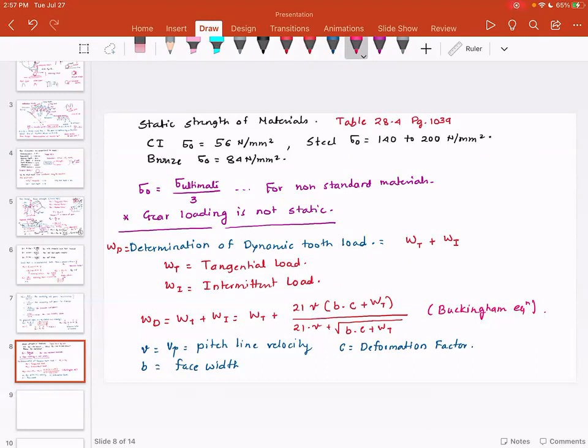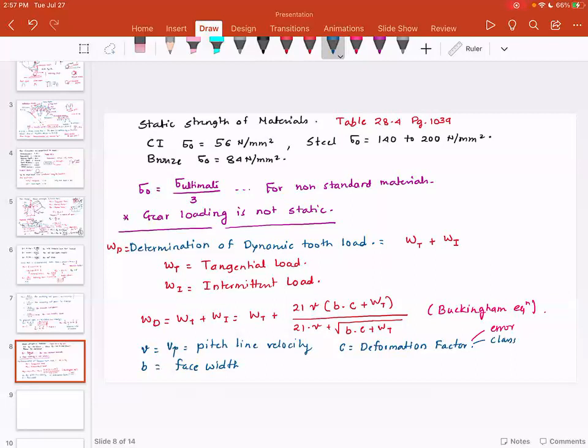This deformation factor is a numerical constant, and it depends upon the error in action. So the error when you are cutting the tooth, what is the error in the cutter, then the class of cut.